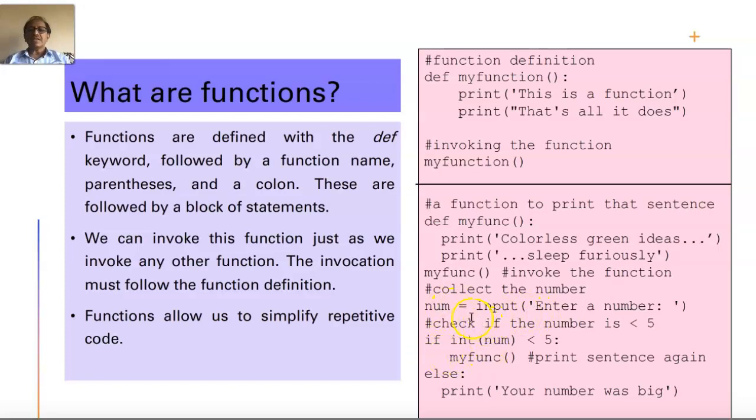Then if that num, the integer num, is less than 5, then my function is used. The definition we have already given here. We are using my function here. Else print your number is big. That is, if the user gives a number 5 or above, then it prints your number is big.